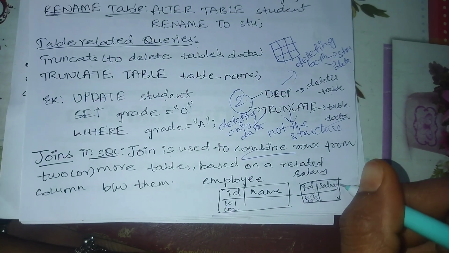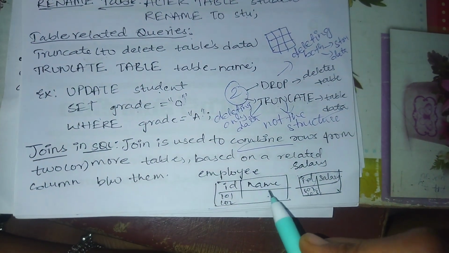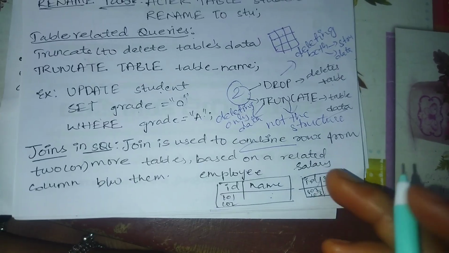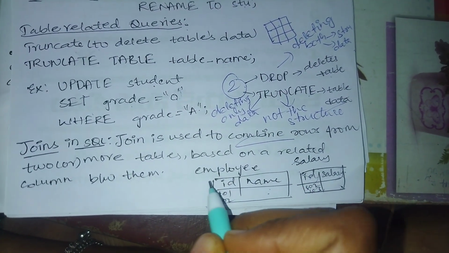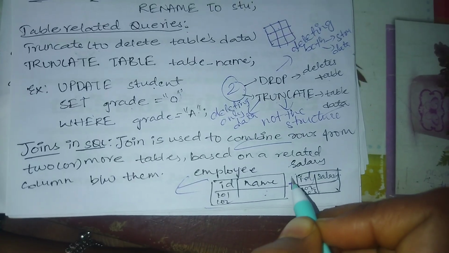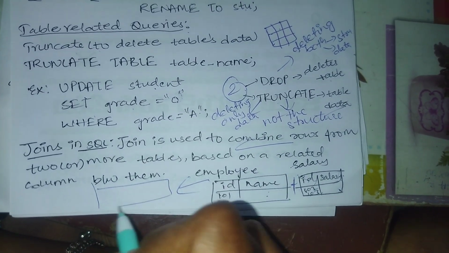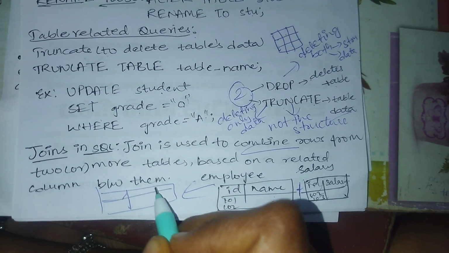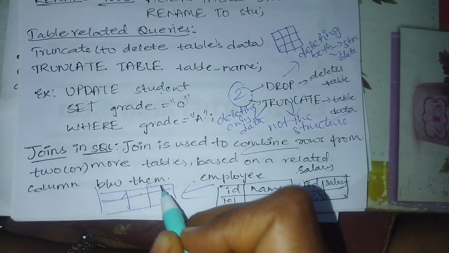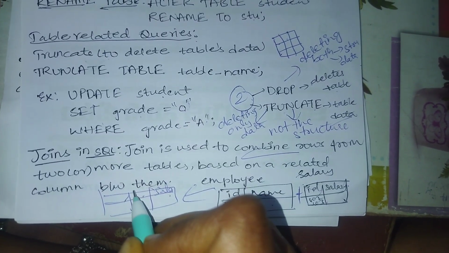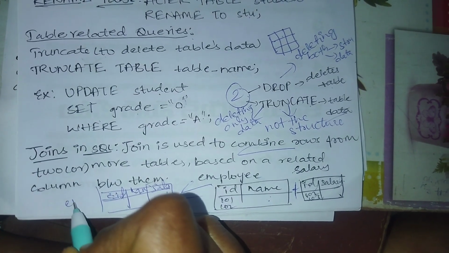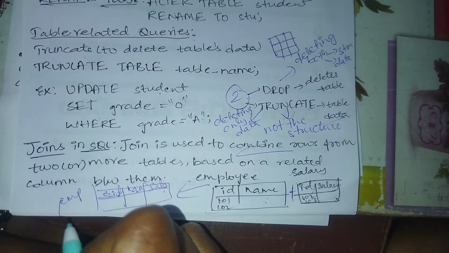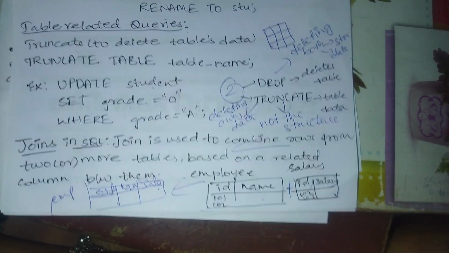Here the ID is the same, but after joining these two tables into a single table, it looks like adding. The ID remains the same, the name is represented, the salary is represented. This is the employee table after performing the join operation.